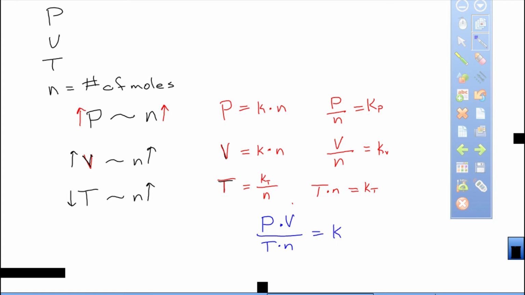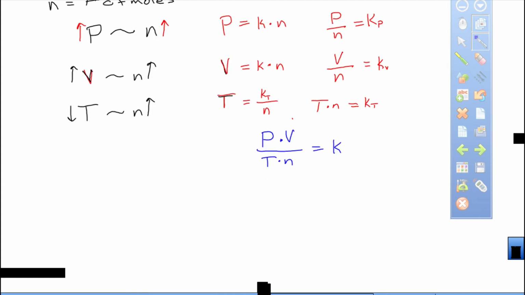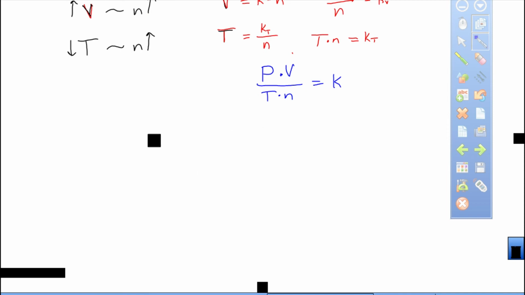And what we've found is, to find that constant, there's a guy by the name of Avogadro. What Avogadro figured out is, if we have a gas at 1 atmosphere and a temperature of 273 Kelvin, which is 0 Celsius, which is what's called the standard state, and we have 1 mole of that gas, then 1 mole of gas at standard conditions occupies 22.4 liters.